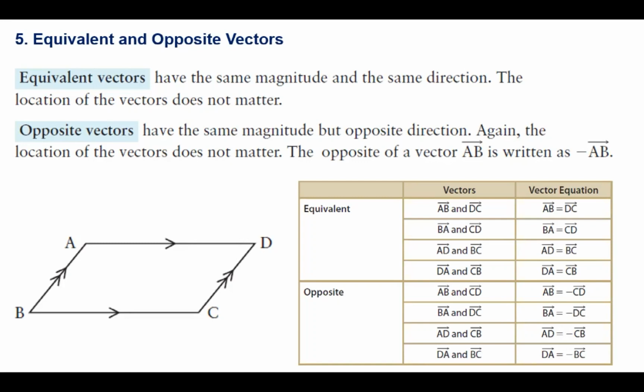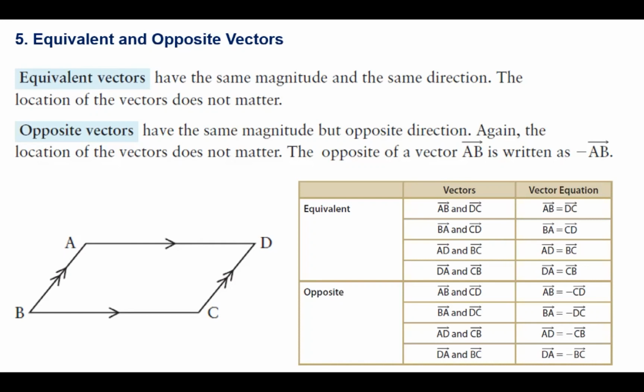Also, we have vector BA is equivalent with vector CB. Vector AB and the vector BC are equivalent. Vector DA and vector CB are also equivalent, right? Similarly, according to the concept of opposite vectors, we have vector AB and CD are opposite.